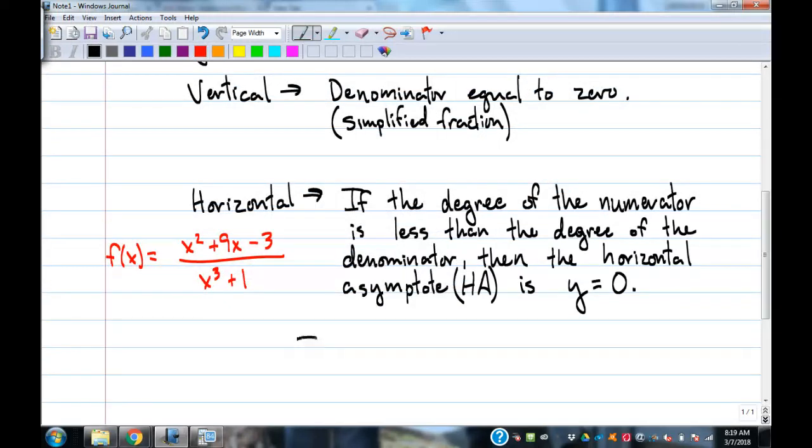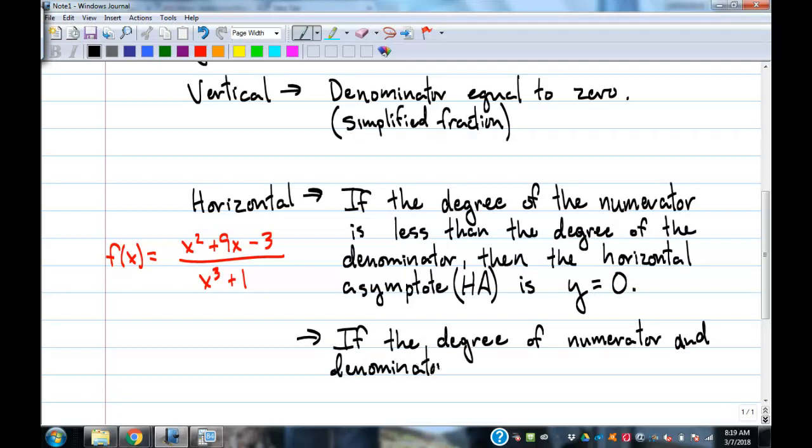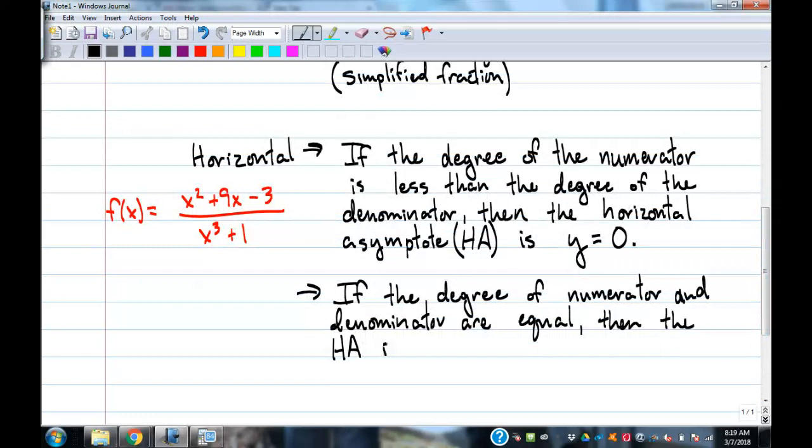The other situation that there could be a horizontal asymptote in is if the degrees are the same, if the degree of numerator and denominator are equal, then the HA is y equals, and I'm going to write this fraction a over b.